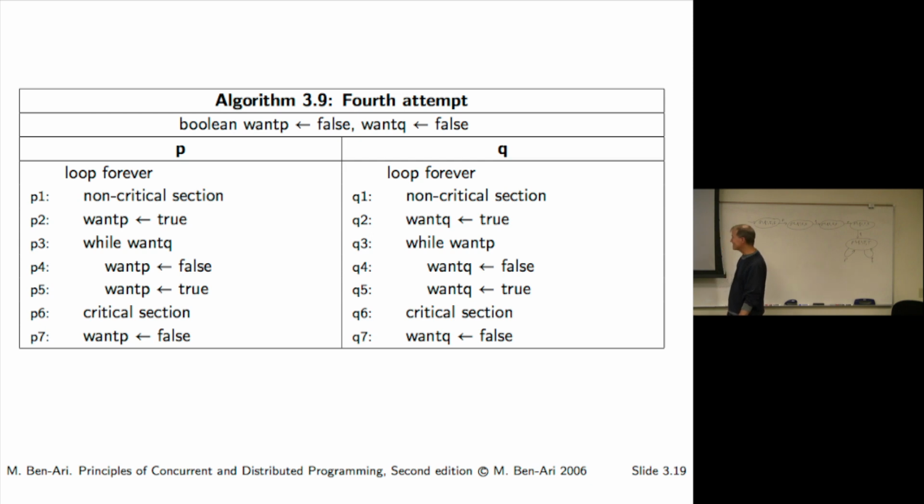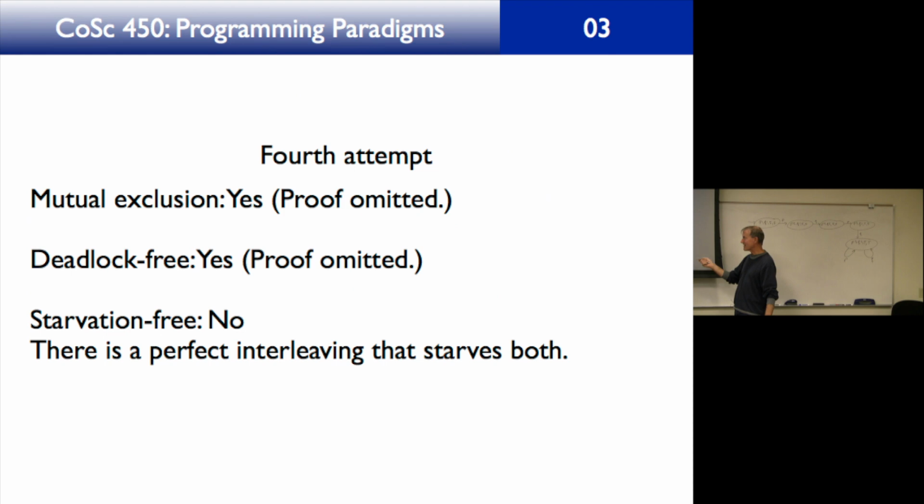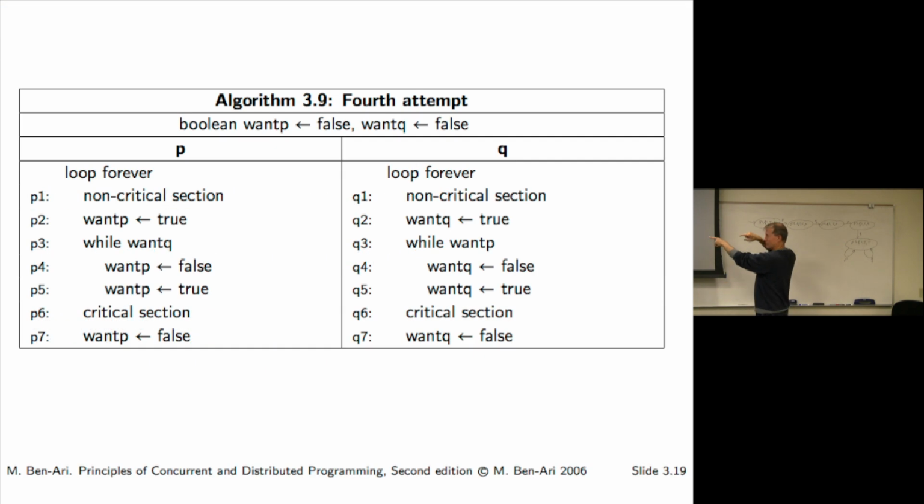So look, you guys, it does mutual exclusion, it does deadlock free, but now we have the hardest one, which is starvation free. It's not starvation free because there's perfect interleaving that can happen. Take a look at the code. What's the code that would do perfect interleaving?